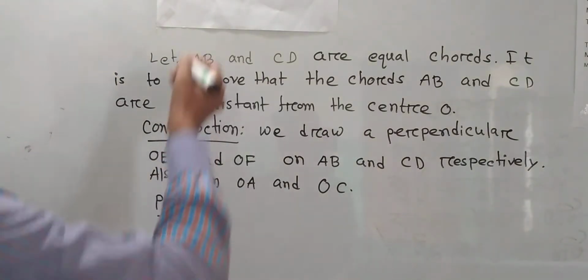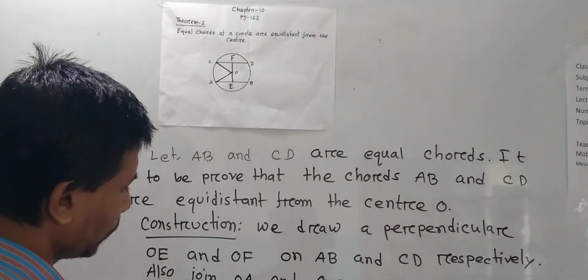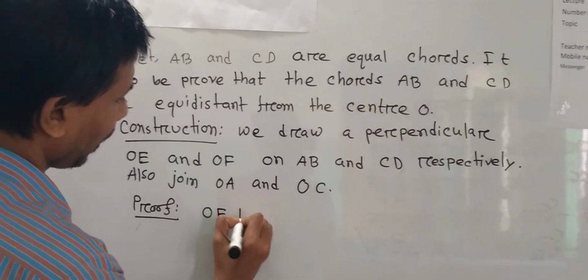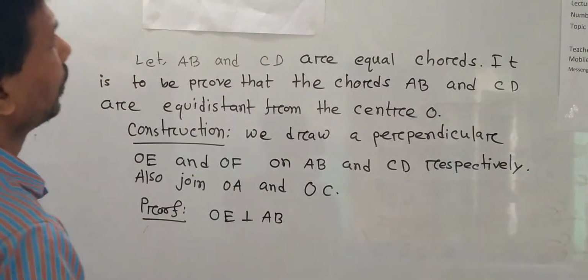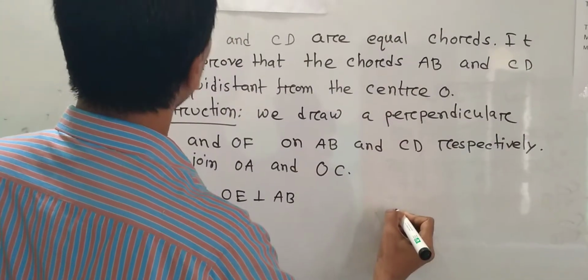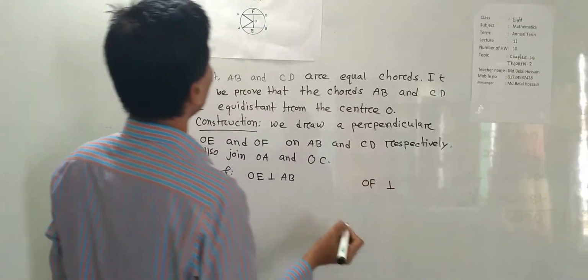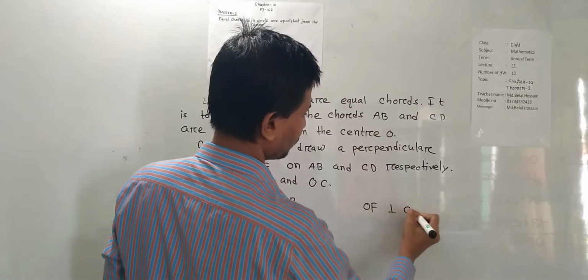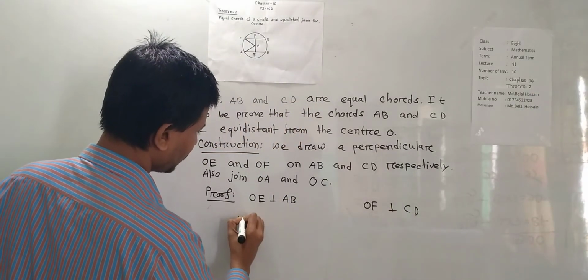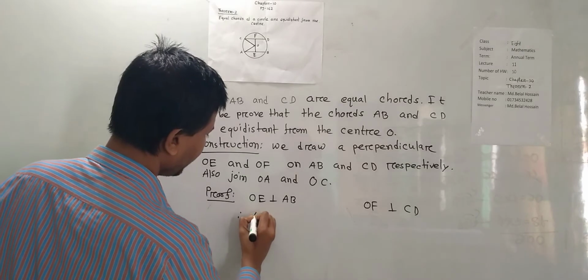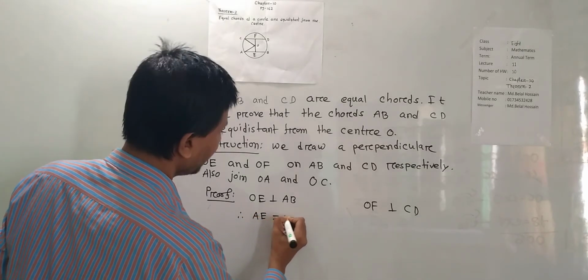Dear student, look, we have drawn OE perpendicular on AB. That means OE perpendicular AB and OF perpendicular CD. Okay, that means AE equal to BE.